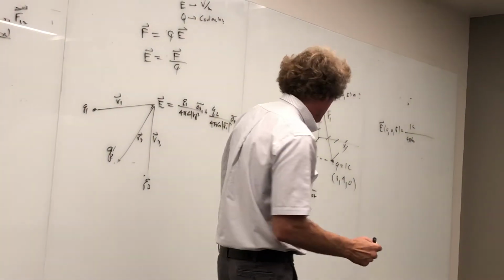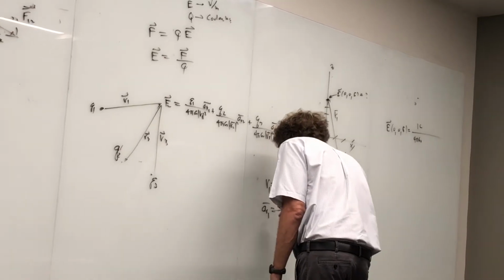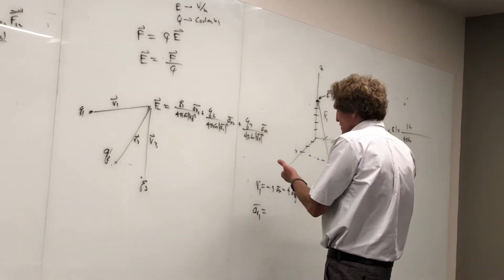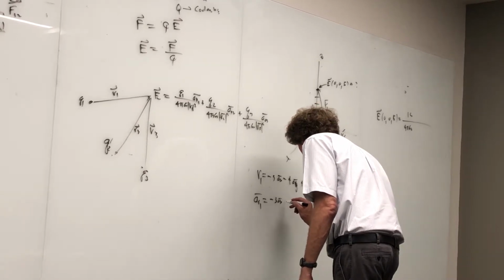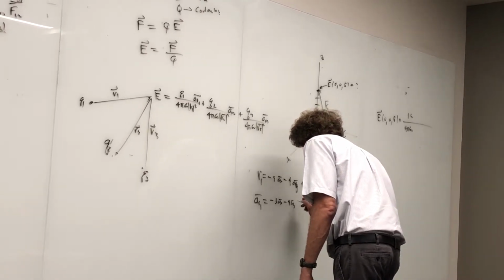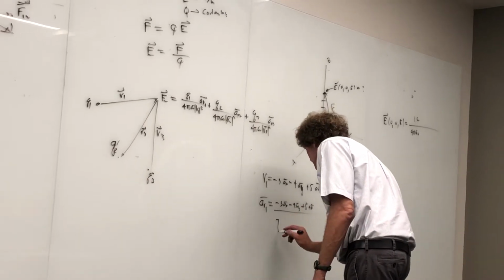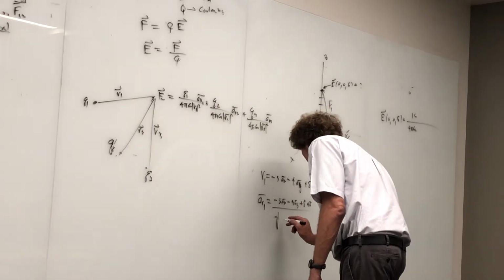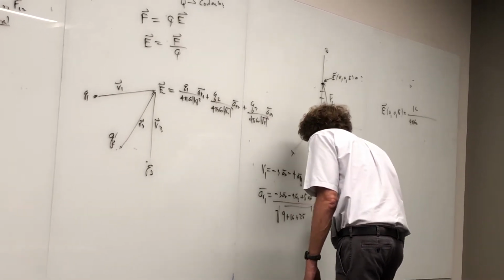And what would a unit vector be in the direction? AR1 would be equal to this vector divided by the magnitude, so it's minus 3ax minus 4ay plus 5az divided by the magnitude of that, which would be square root of what? 9 plus 16 plus 25.